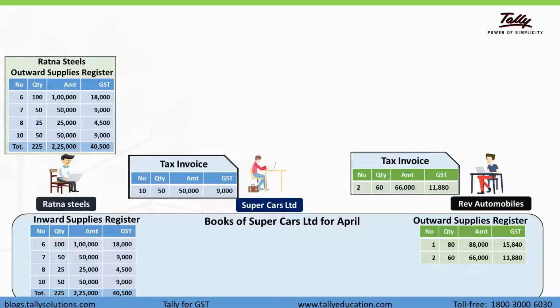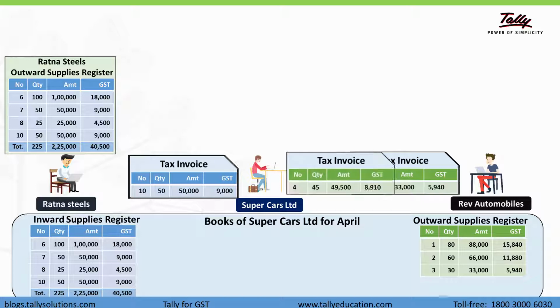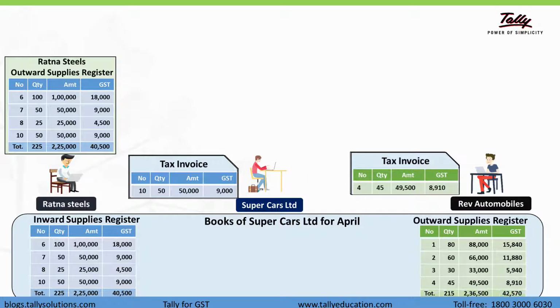Similarly, you issue invoice number 2 to Rev Automobiles, which gets recorded in your outward supplies register. Next, you issue invoice number 3, and again invoice number 4, which also get recorded in your outward supplies register.